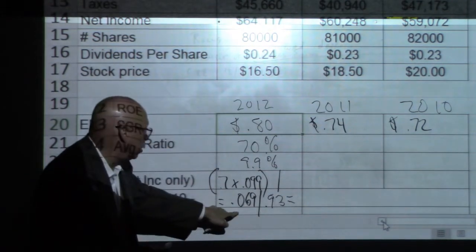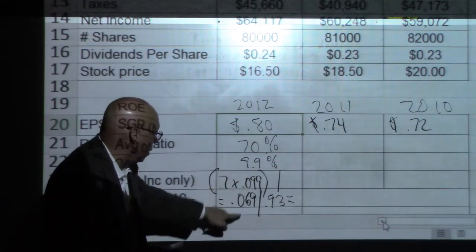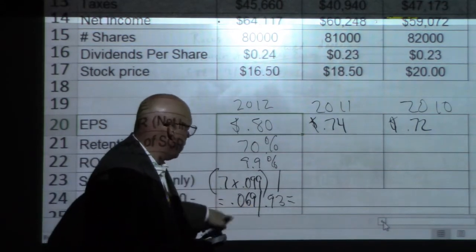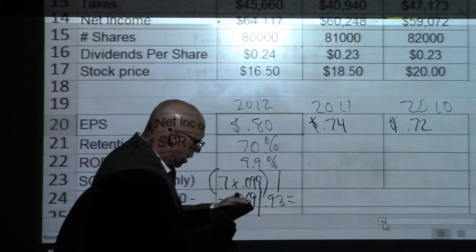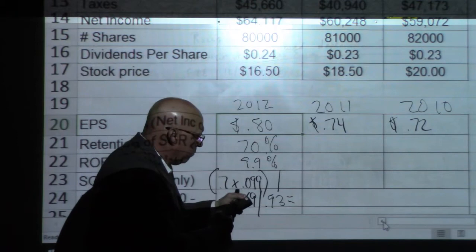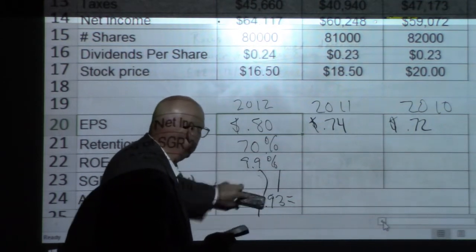So 0.069, which is the retention ratio times return on equity, divided by 1 minus that. So 0.069 divided by 0.93 is equal to 0.0645.